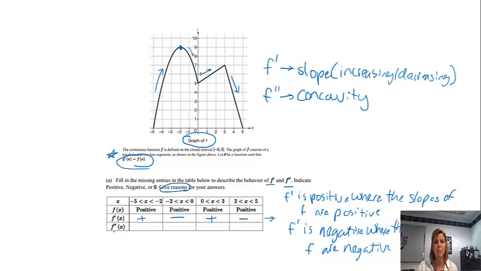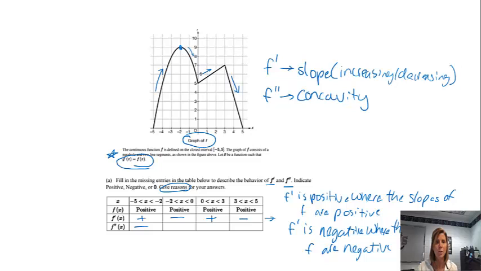Then looking at f double prime again, we're checking out the concavity. Between -5 and -2, in this same area, I notice that this part right here is concave down like a frown, so f double prime needs to be negative.